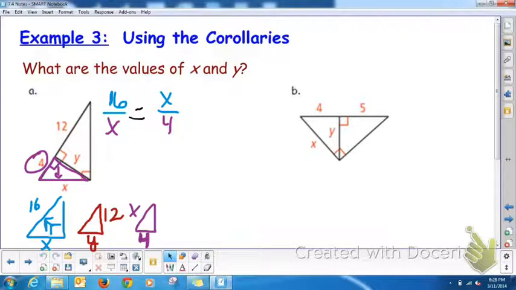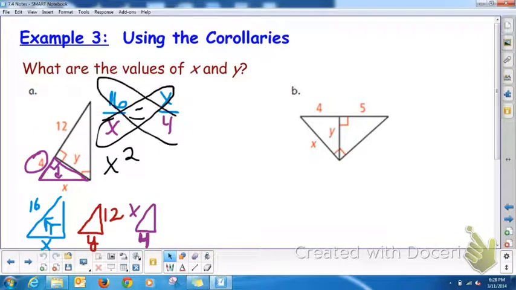Now I can use the cross product property in order to solve for x. So this is geometric mean, because when I cross multiply, x times x is x squared, is equal to 16 times 4.